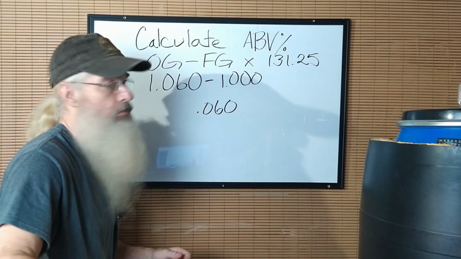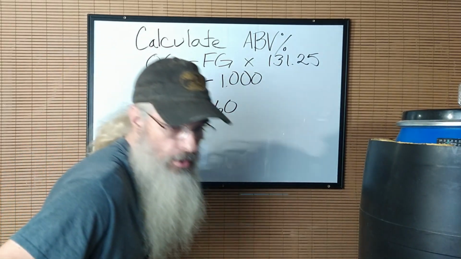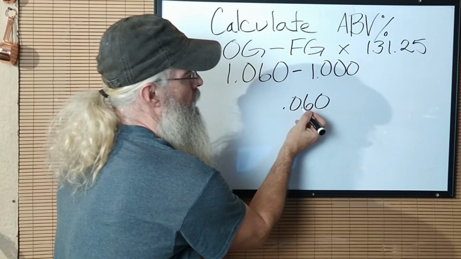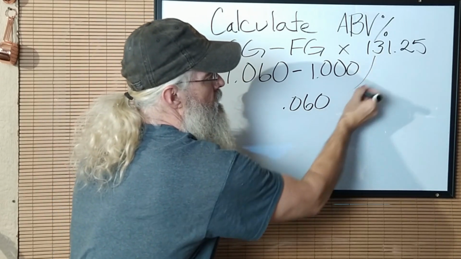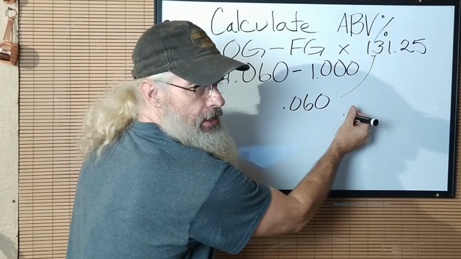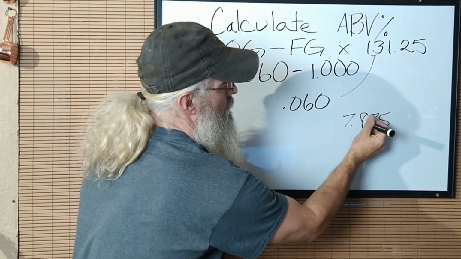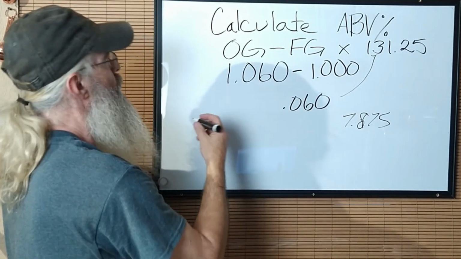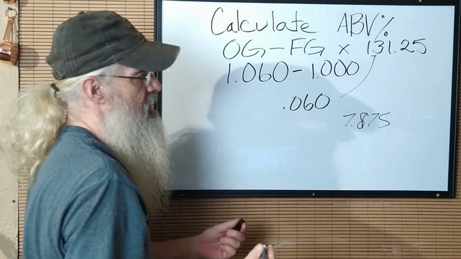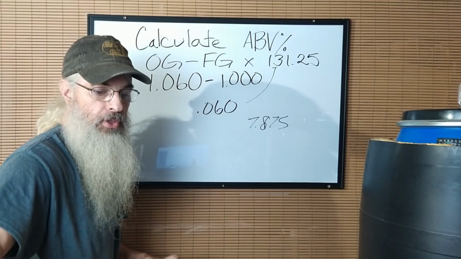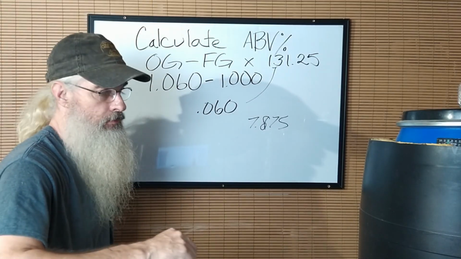I'll do the math on the computer. Once we multiply this number and this number, we get 7.875. So now we know that our ABV is 7.875. Now let's put the next formula on the board.